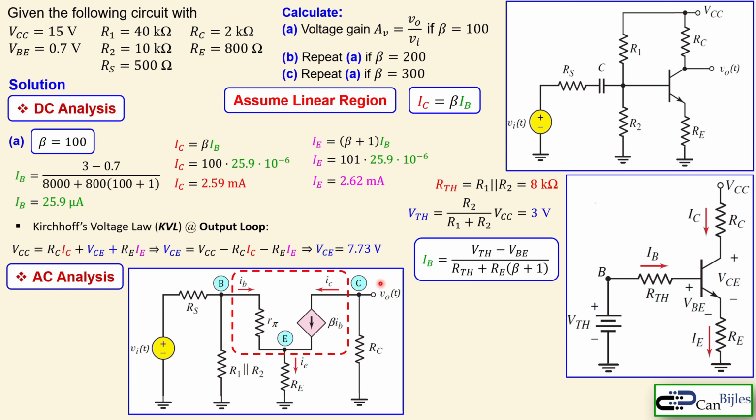Now the emitter is also going to ground from the emitter node, through the resistor, and we also have the R1 and R2 also effectively to ground, because this node will go through R1 to ground. So you now have a parallel combination effectively in the AC domain, R1 parallel R2. Then you have the short circuit of capacitor C, because that is also considered to be a perfect short for the AC analysis. And then we have the RS and then we have our AC input voltage. So that's how you set up the AC model of this circuit.